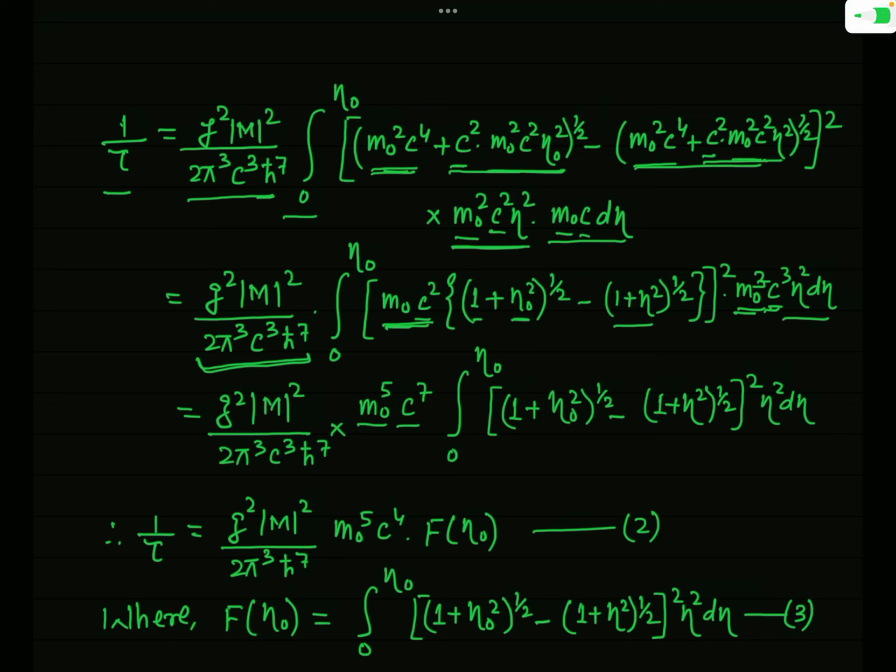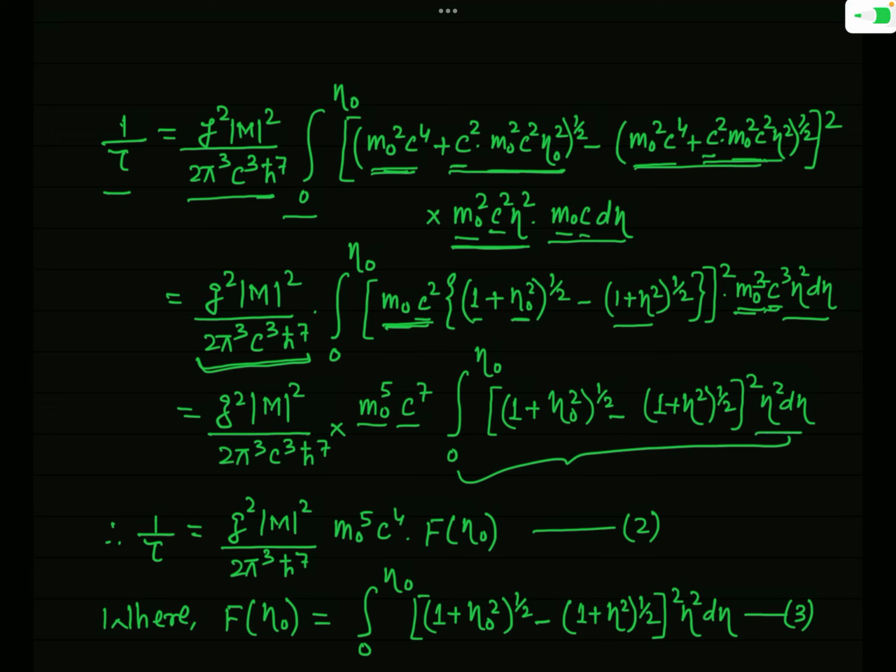And apart from that, the remaining factor is this much. You can see this is the integral from 0 to eta naught of (1 plus eta naught square)^(1/2) minus (1 plus eta square)^(1/2), whole square, times eta square d eta.